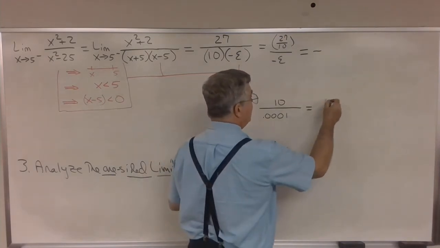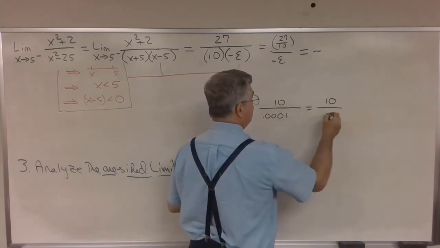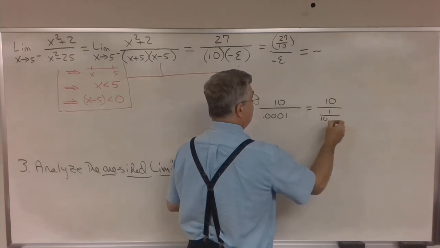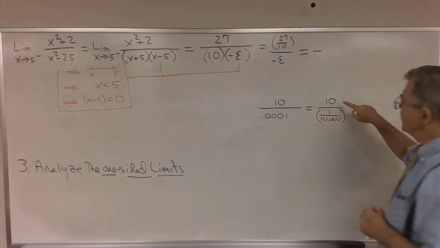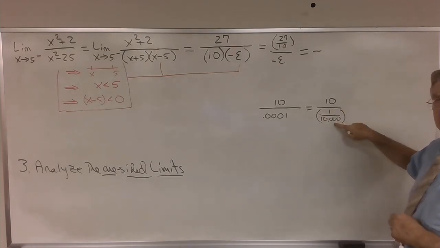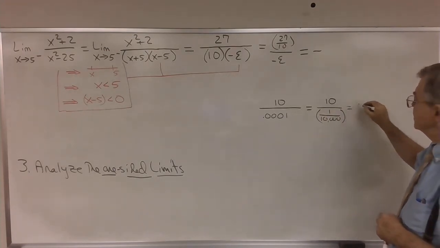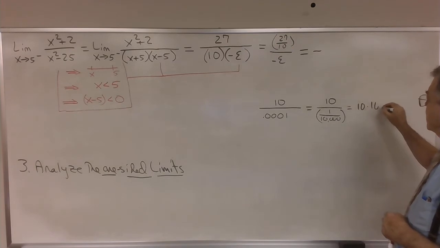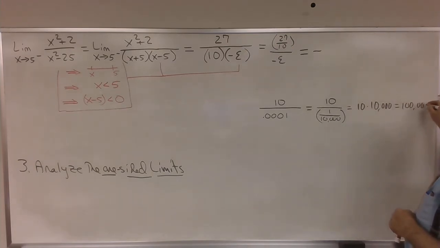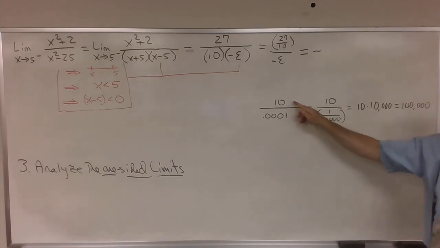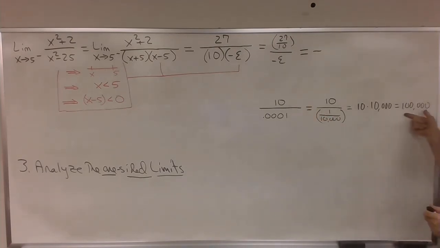In fraction form, that's 10 over 1 over 10,000. And how do I divide by a fraction? Don't I invert and multiply? Okay, I divided a big number by a little number, and I got something much, much bigger.